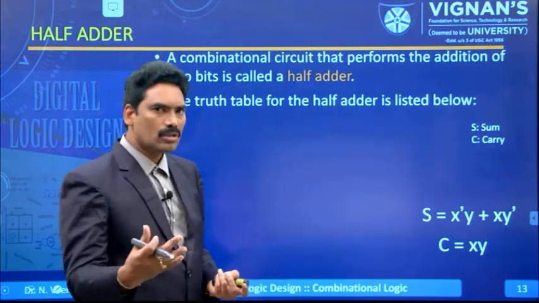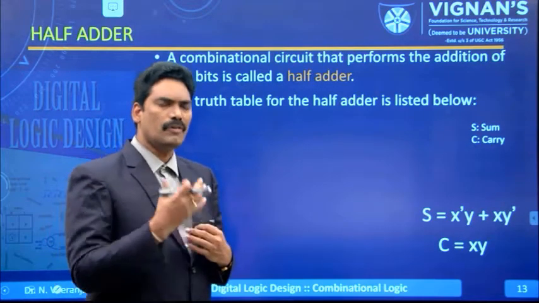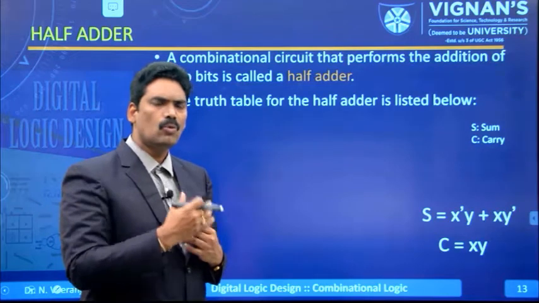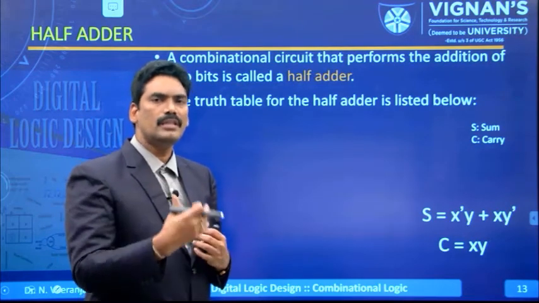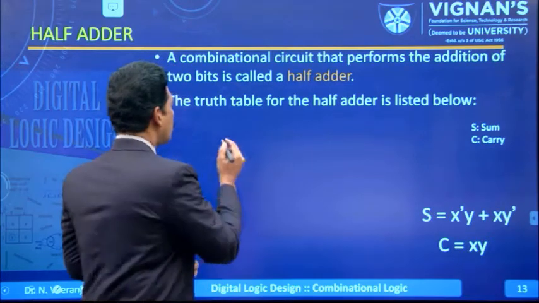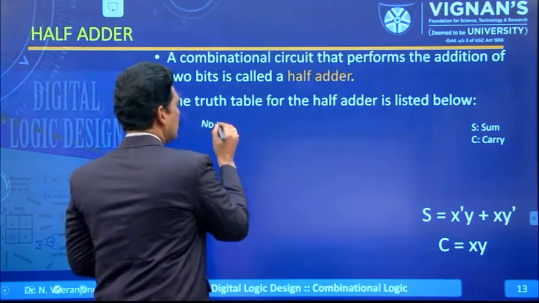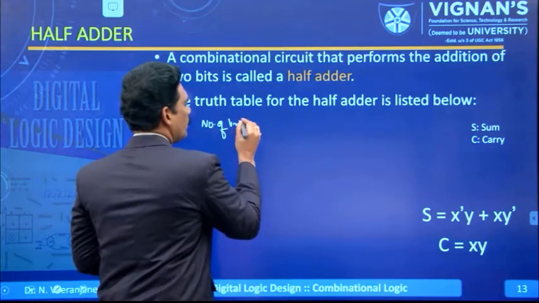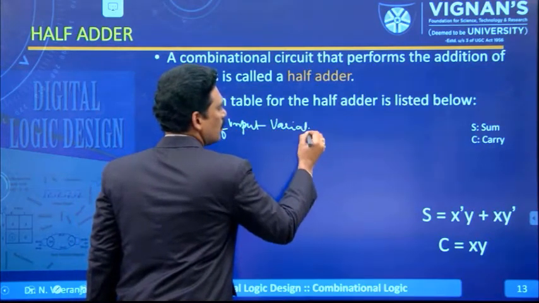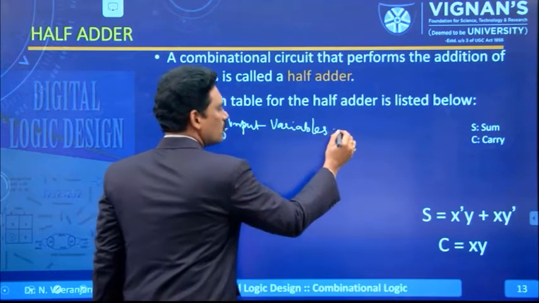Now, first of all, what is the first step? Statement of the problem. Next, what is the second step? We have to specify the number of input variables and the number of output variables. Number of input variables: 2.